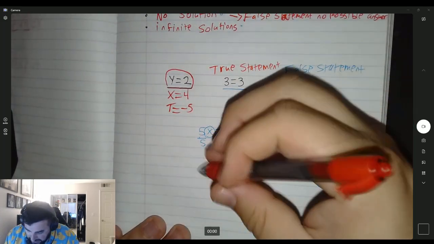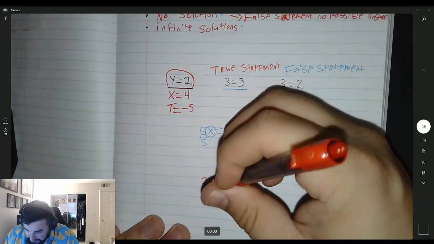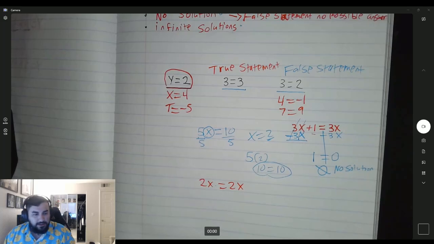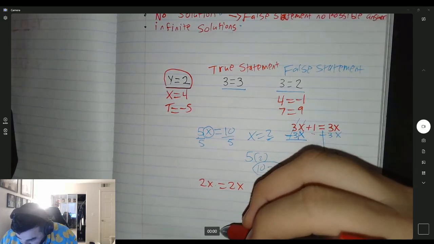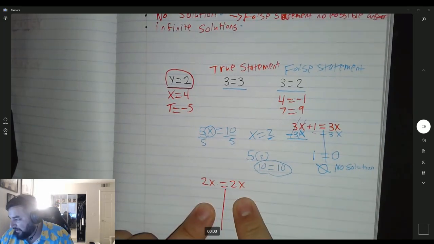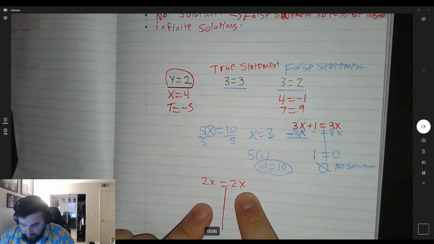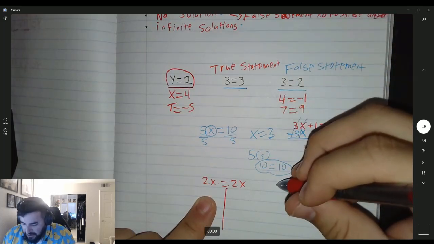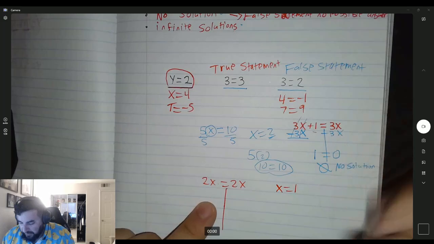So let's say I get an equation that says 2x equals 2x. Let's just keep it simple. Do you notice how both sides are 100% identical? They look the same, and the reason is because they are the same. Let's say someone claimed the answer was 1.